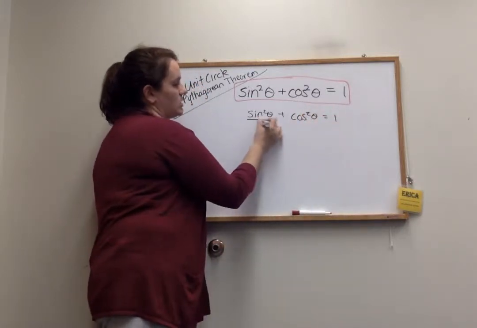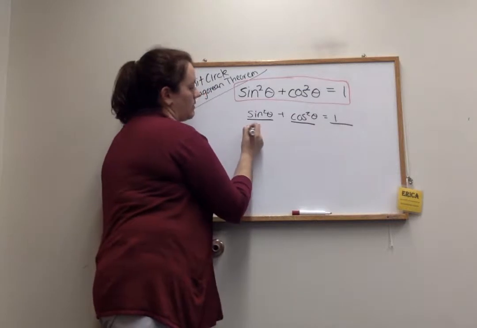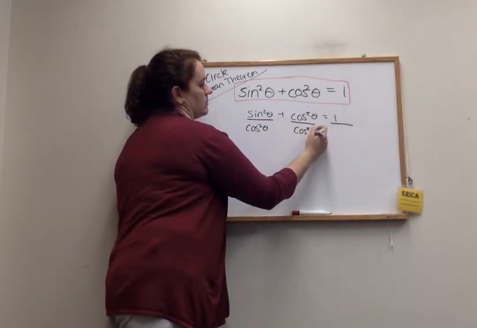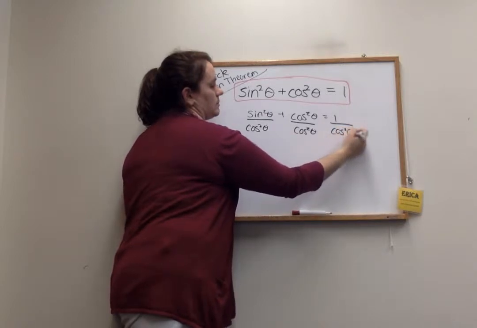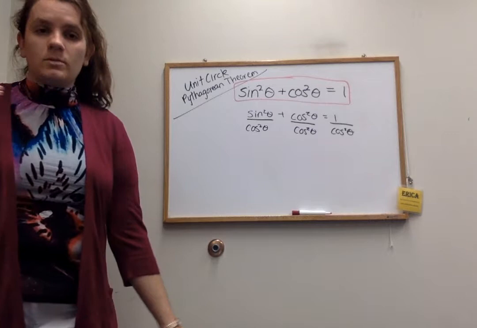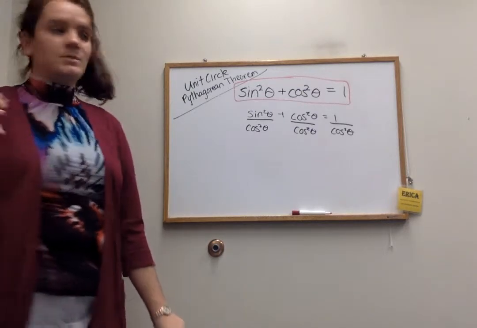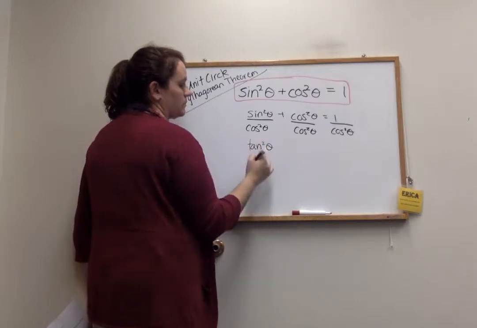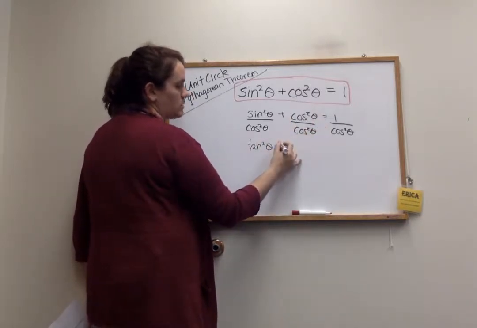If I were to take each term and divide it by the cosine squared, well, sine squared over cosine squared, that's one of the quotient identities we just looked at. This is tangent squared. Cosine squared over cosine squared is 1.